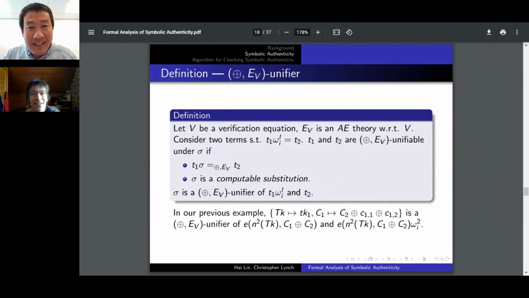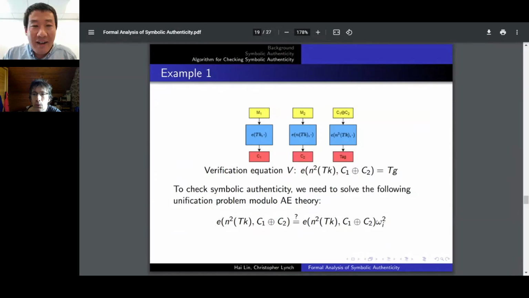So the basic idea is that we solve some unification problem, and we do so modulo an AE theory, which is a theory that satisfies three properties: validity, consistency, and stability. And we only check some certain unifiers, which we call XOR EV unifier.